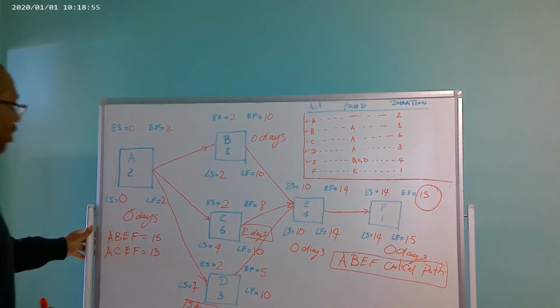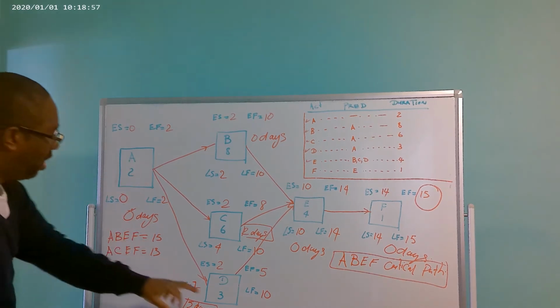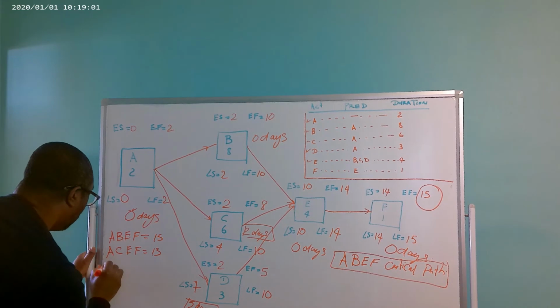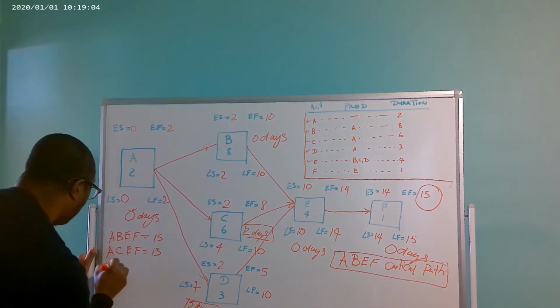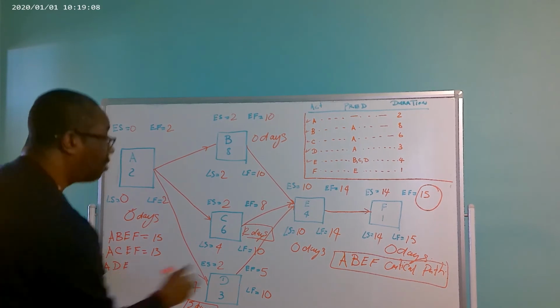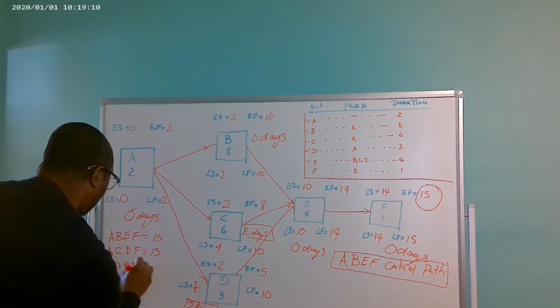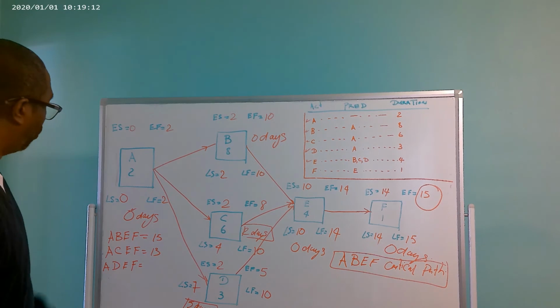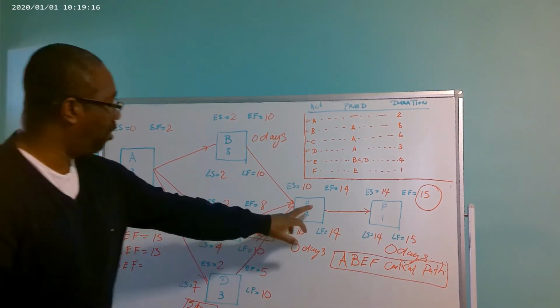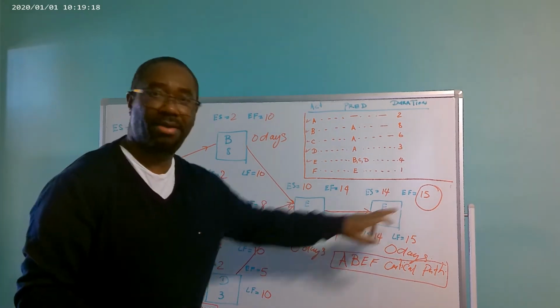Right? We also have path A, D, E, and F. So let's just check that out now. So we have 2 plus 3 is 5, plus 4 is 9, plus 1 is 10.